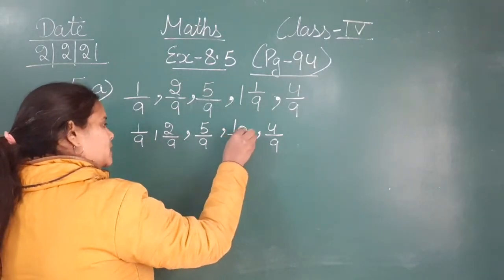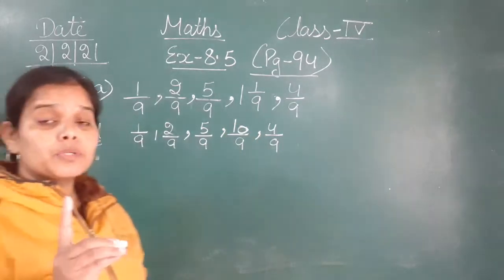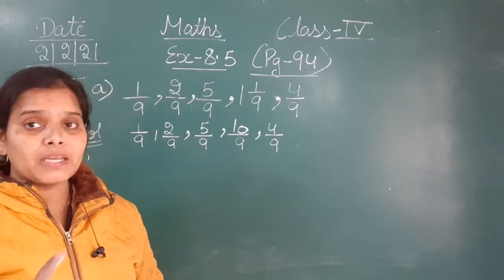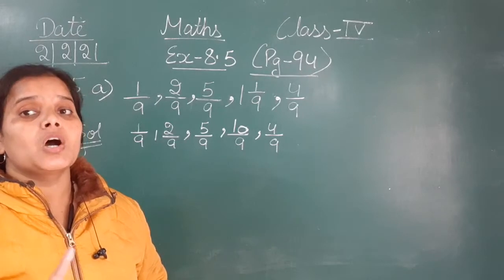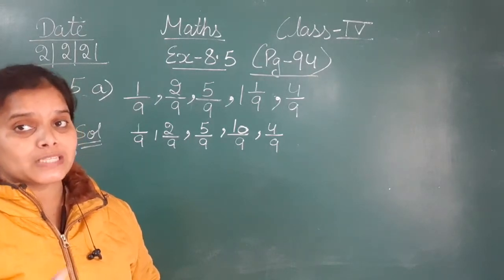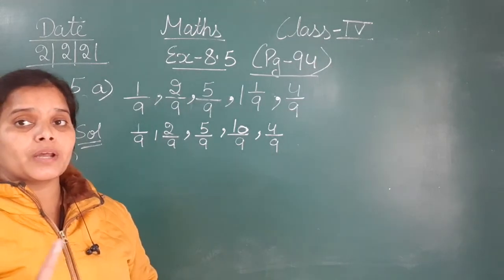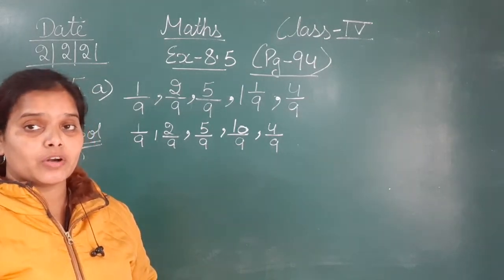Now we can arrange them into ascending order by properly putting the signs between them. Greater than or less than का sign बिना डाले you are not going to arrange any of the numbers or fractions into ascending or descending order.